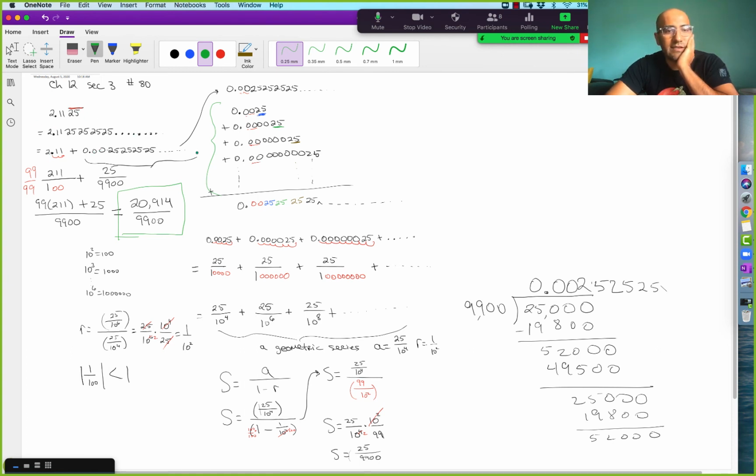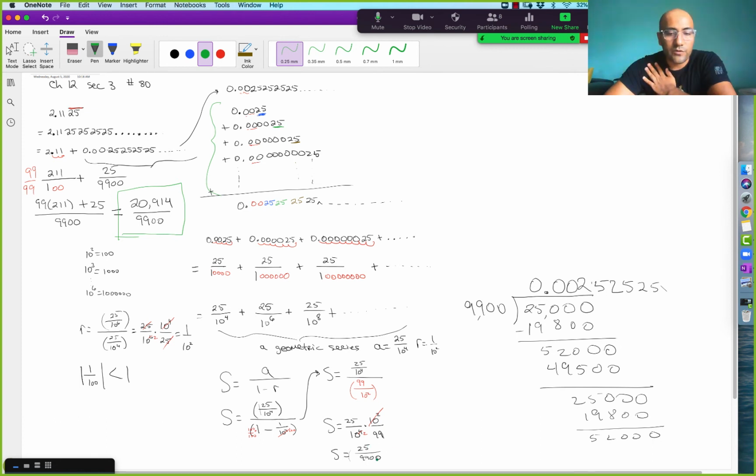The repeating part, which is infinite, and then one that terminates, and then take your infinite one and rewrite it as an infinite sum of fractions, identify it as a geometric series, identify the A and the R, then use the formula for the infinite sum of a geometric series to convert it into a fraction. You don't have to worry about reducing them, right?